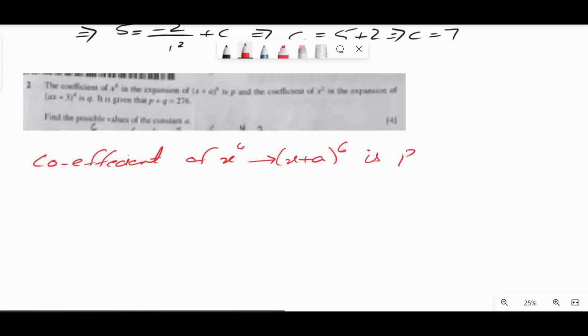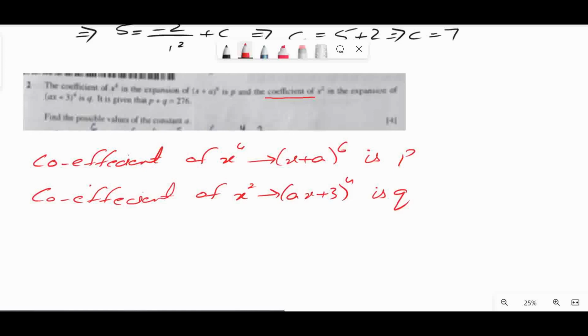Okay, and the coefficient of x square, let me write it over here, the coefficient of x square in the expansion of (x square plus ax plus 3) whole power 4 is q.